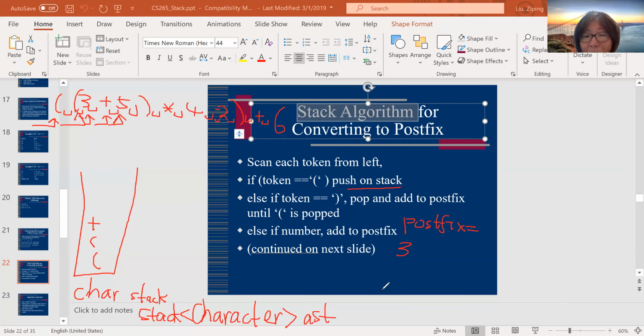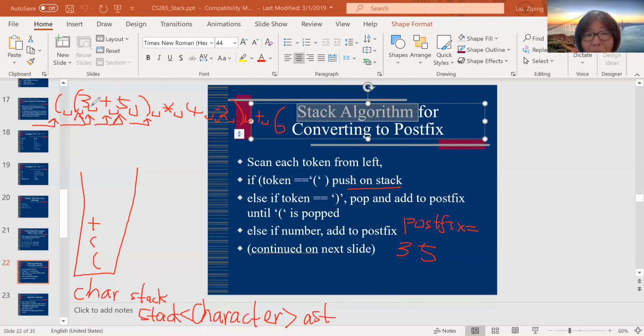The next one is a number. If it is a number, you directly append it to the postfix expression. The next one is an operator. When you have an operator, you need to compare it with the top of the stack. At this point, the top of the stack is a left parenthesis, so there is no operator precedence issue. You just directly push it to the stack. The next one is a number, so you append it to the postfix. The next one is a right parenthesis. If it is a right parenthesis, we know it must have a corresponding left parenthesis, so we need to deal with the calculation.